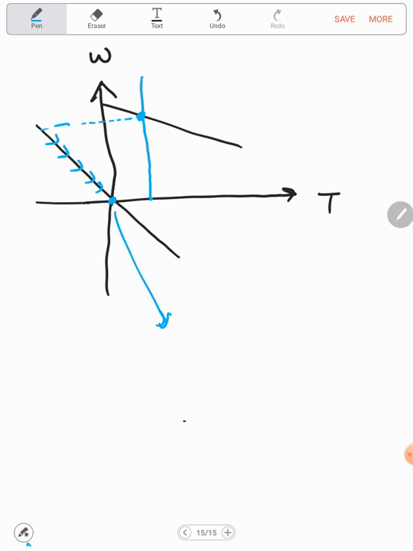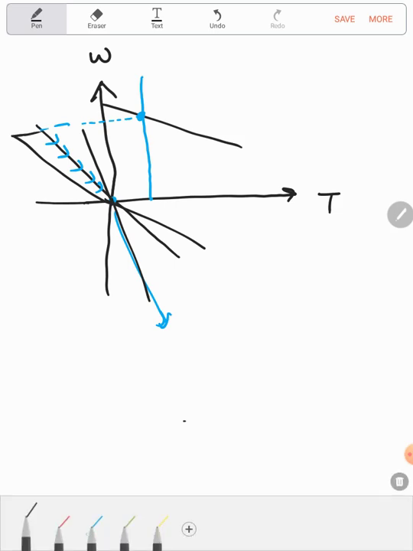Now sometime we can add a resistance, so adding the resistance will change the slope, so we'll end up with different lines here. Which means that we can go either using this path or this path.